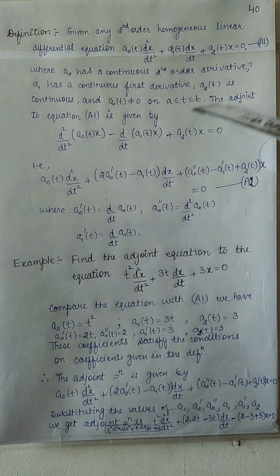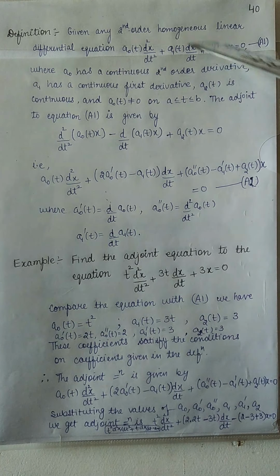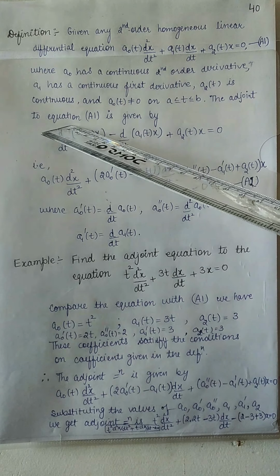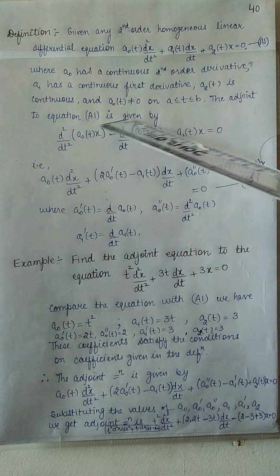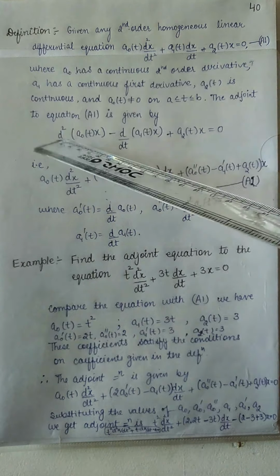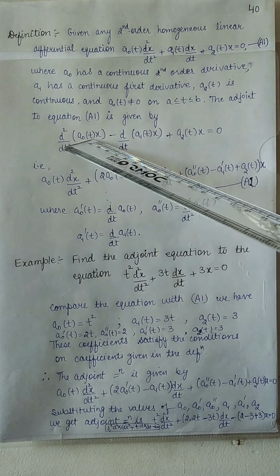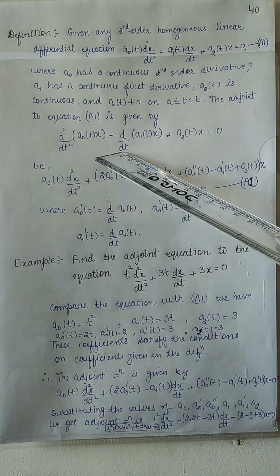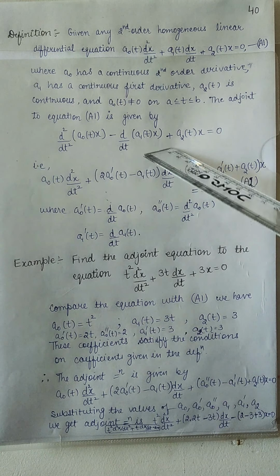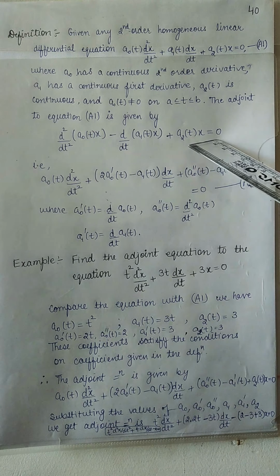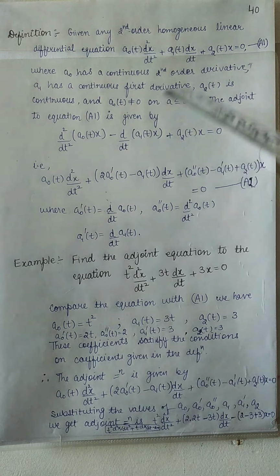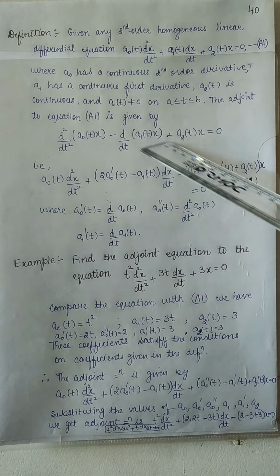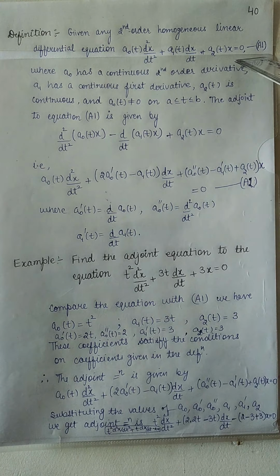then the adjoint equation of A1 is given by d square by dt square of A0(t)x minus d by dt of A1(t)x plus A2(t)x is equal to 0. This equation is the adjoint of the equation A1.